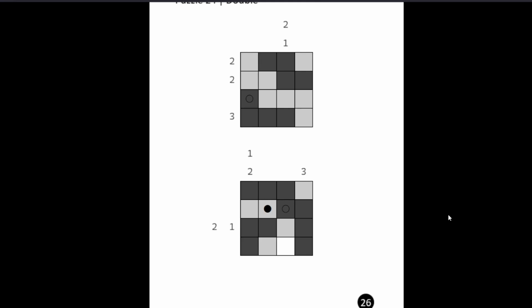What? What the heck? I have no clue. I have no clue. Could something force this to be white? I don't think so. What?